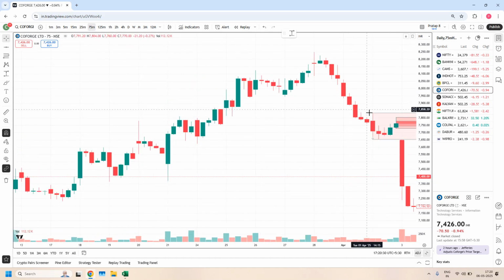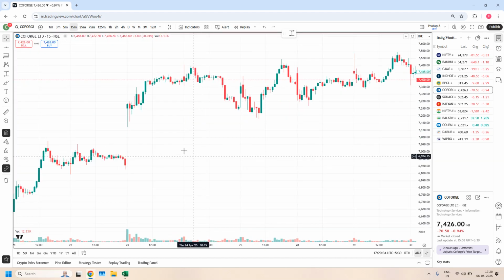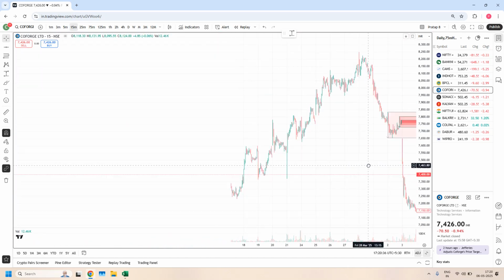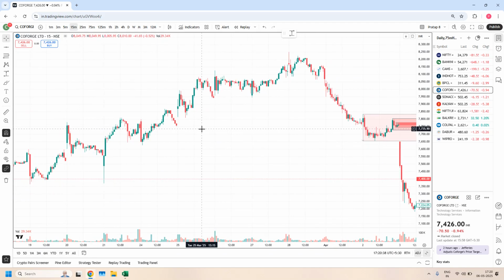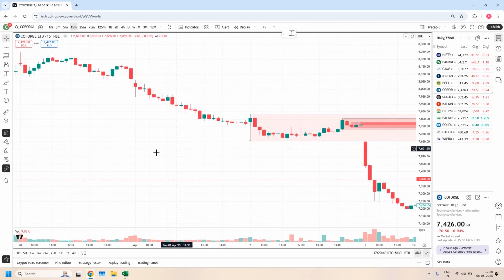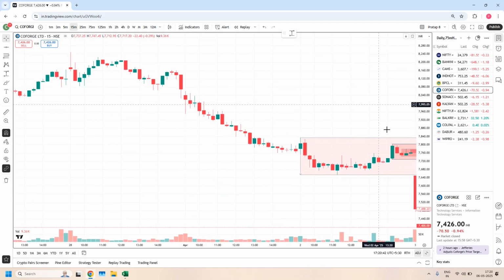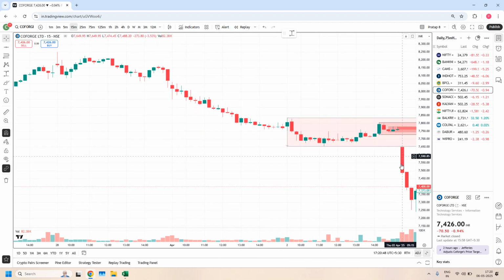Within this rally, base, drop, go to the 15 minutes time frame. See, again you have drop, 1, 2, 3 base candles here, and again a drop candle: drop, base, drop.